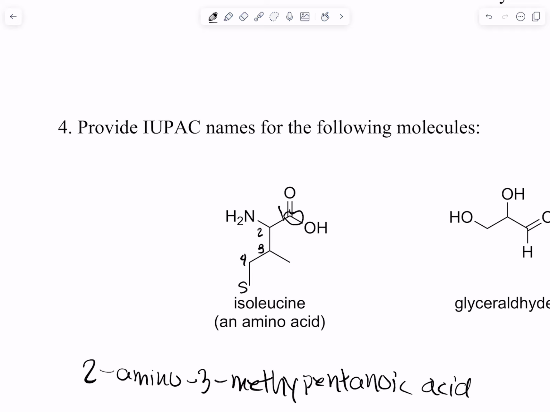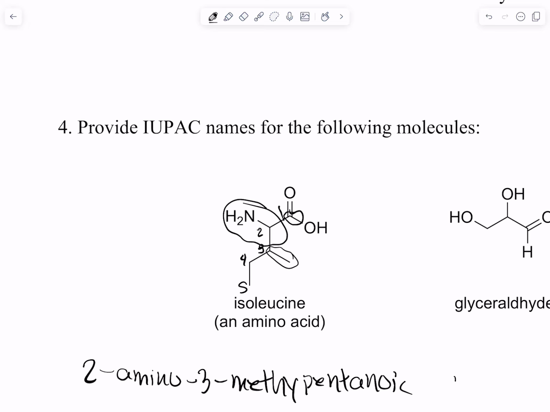And because it's a carboxylic acid, the suffix is going to be oic acid. Then on this second carbon right here, we have the amine group, so 2-amino, and then right here is a methyl group, so 3-methyl. And that's all I did.